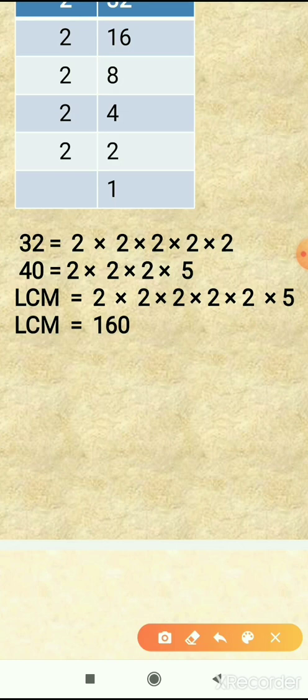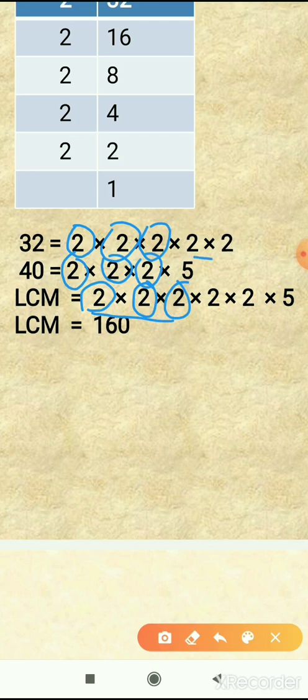Okay, so look here, the common factors, we encircle them. 2, so we write 2 here. Second common factor, again 2. Then again 2, so we write 2 here. Now these are the common factors. So we multiply these common factors and the uncommon factors.